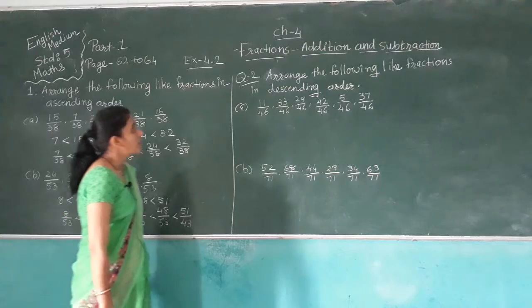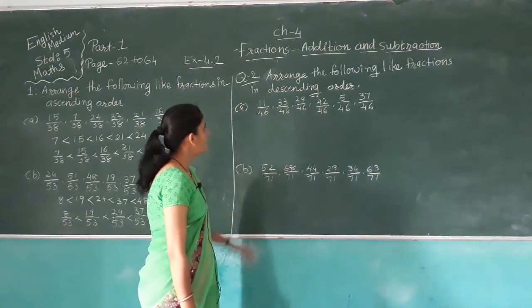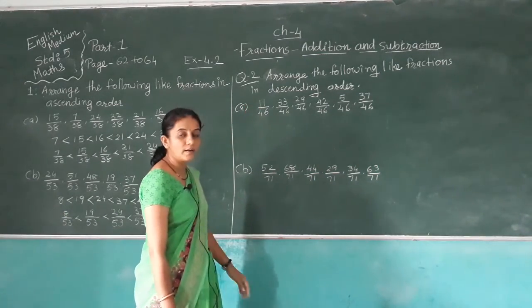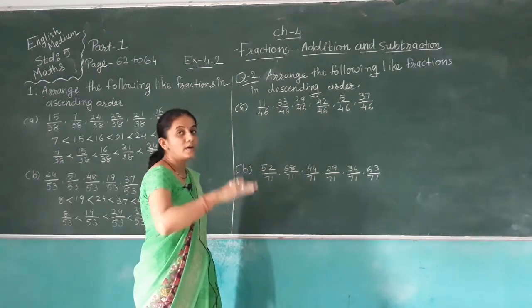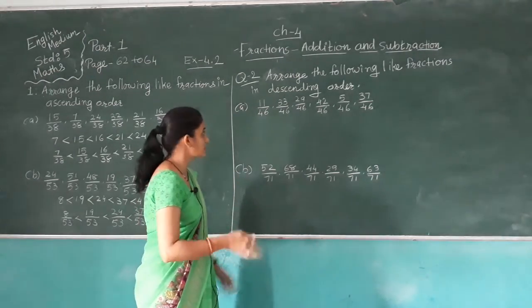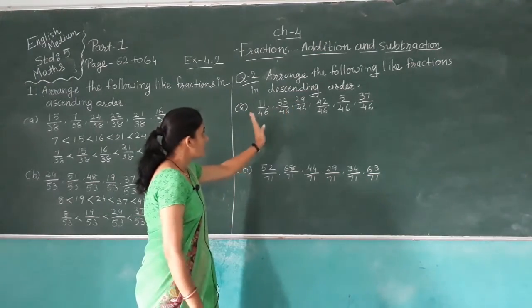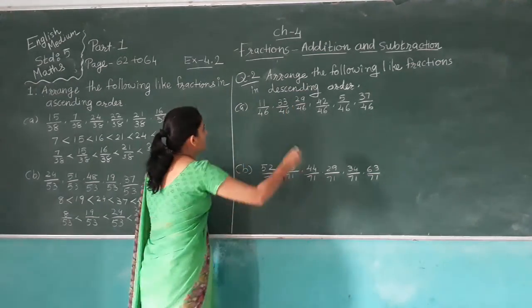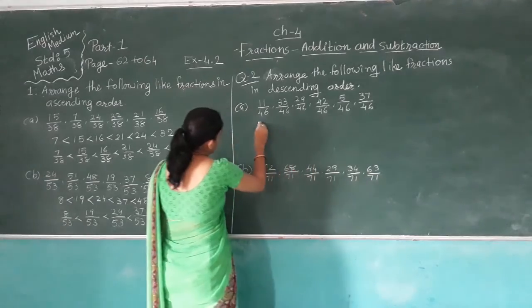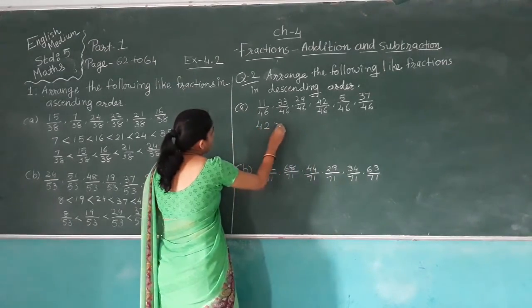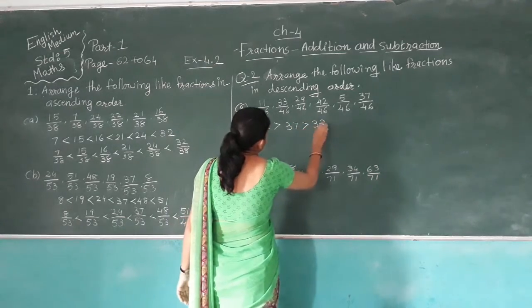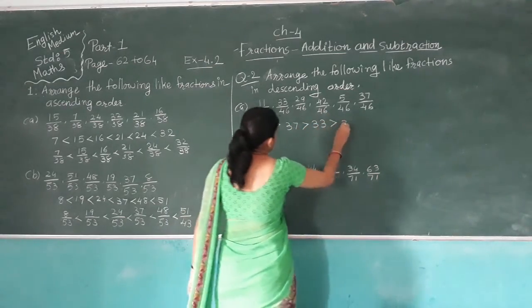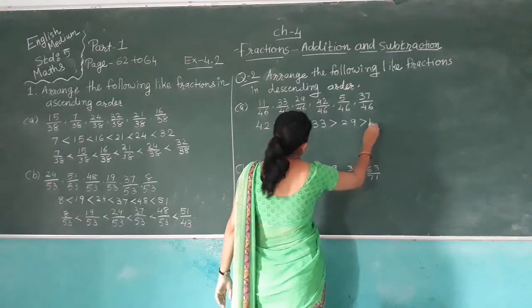Now next one. Arrange the following like fractions in descending order. Descending order means you arrange the numbers from biggest to smallest. In both, first we find the biggest number. Which one is the biggest? 42. Then 37. Then 33. Then 29. Then 11.